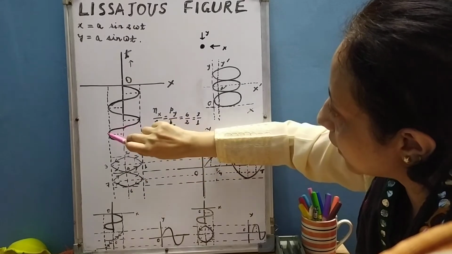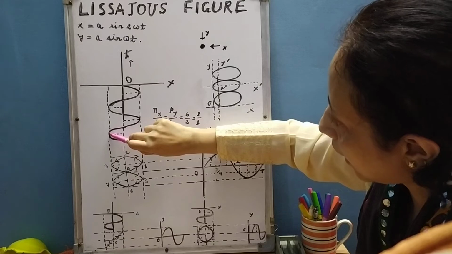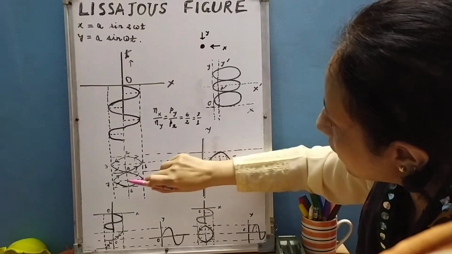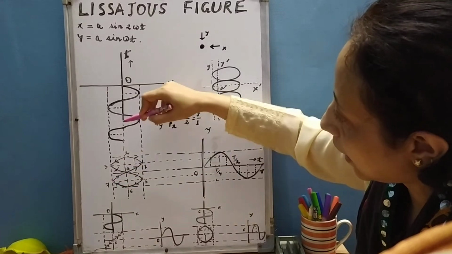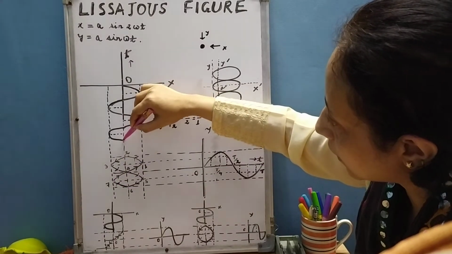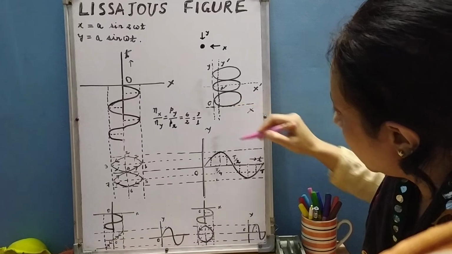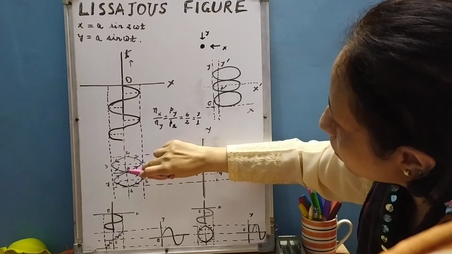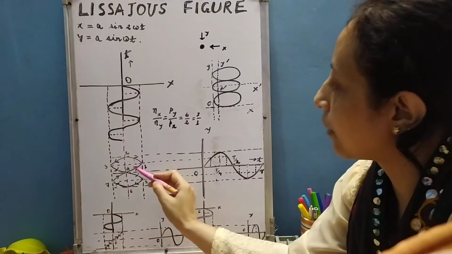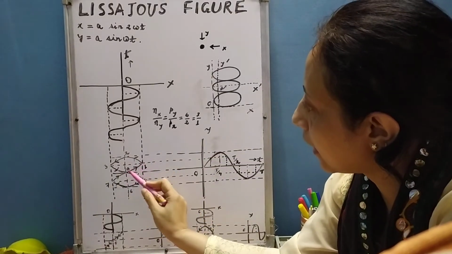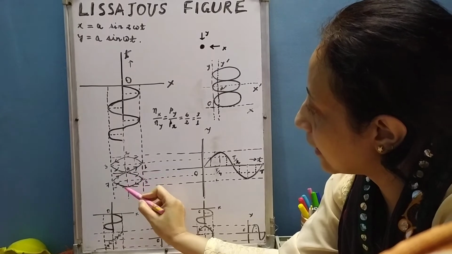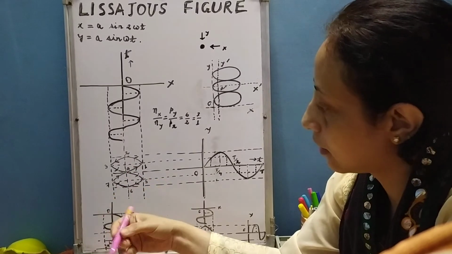The next point here is this, and for this one is this, so they meet at this point, point number 7. And for the final point, two loops are completed here and only one loop here, so they meet at point 0 again. That means the second loop is also completed. From 0 it comes to 5, 6, 7, and back to 0 again.